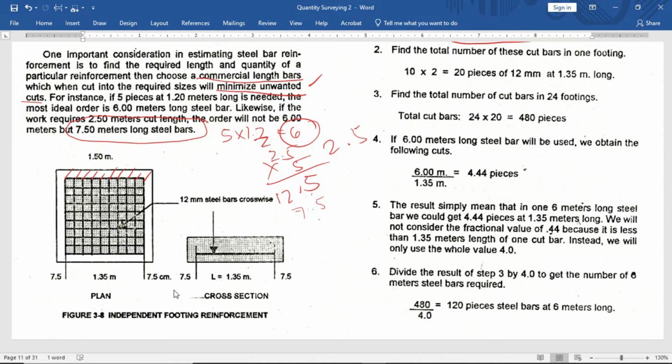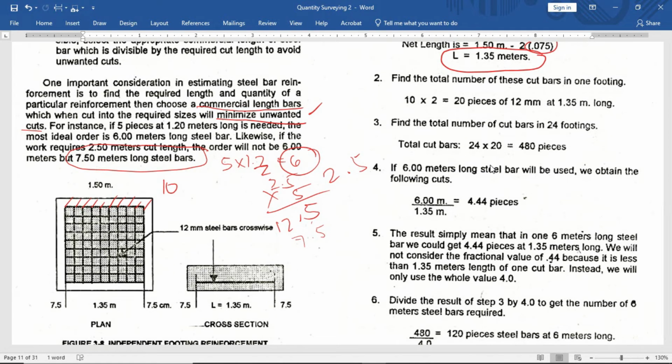So, gumamit siya ng 10 pieces of 12 mm, that is on the one side. On the other side, since square ito, 10 rin sa kabilang side. So, 10 times 2 is equal to 20 pieces of 12 mm at 1.35 meters long.